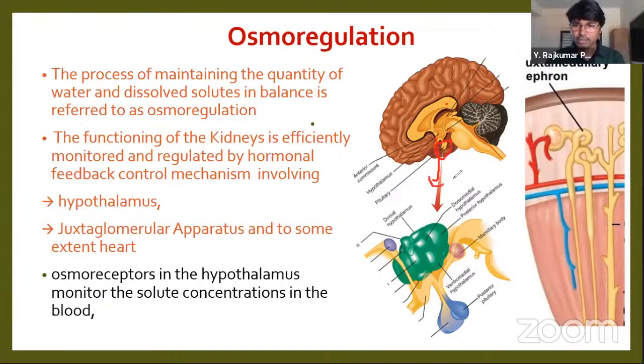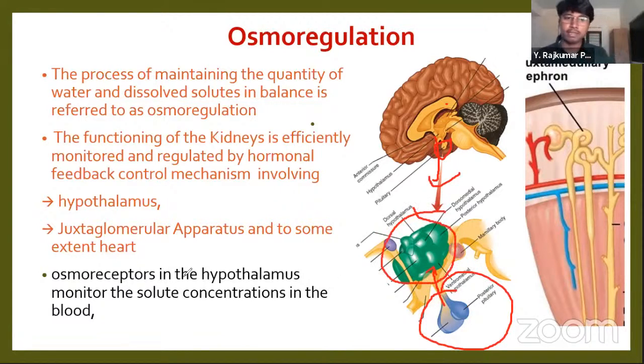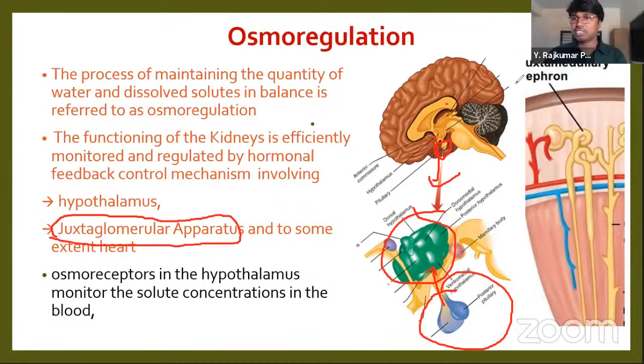If you take a bigger section of this part in the brain, you can see this is the pituitary gland, and above the pituitary gland you find the hypothalamus. So the hypothalamus releases certain hormones, and also the juxtaglomerular apparatus. Where is it present? Yesterday we learned about juxtamedullary nephrons, which extend to the medullary region.